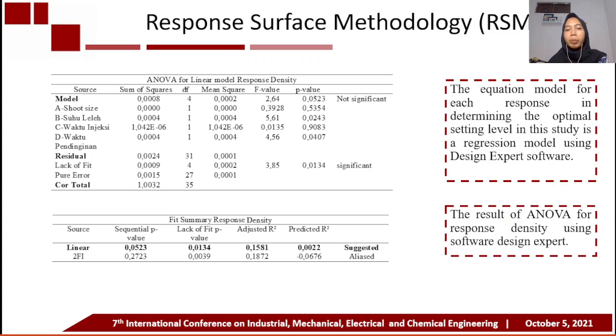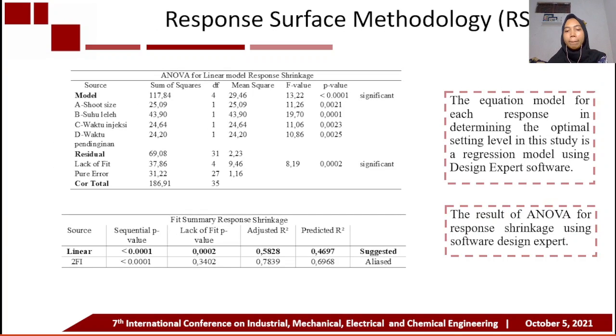And the next topic is response surface methodology. This is the result of ANOVA for response density using Design Expert software. And this is the equation model for each response in determining the optimal setting in this study, or the regression model using Design Expert software.